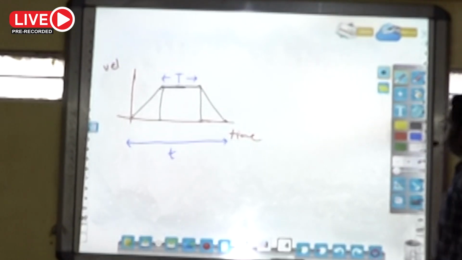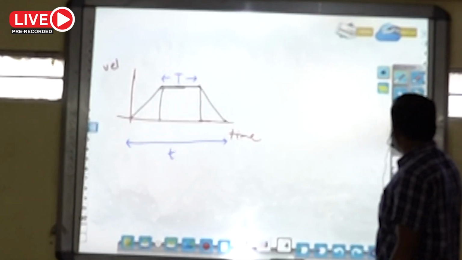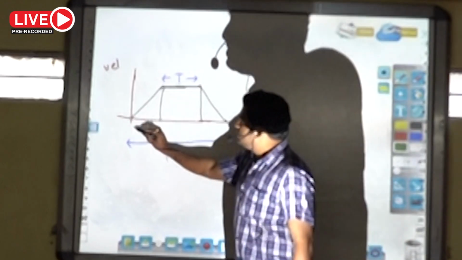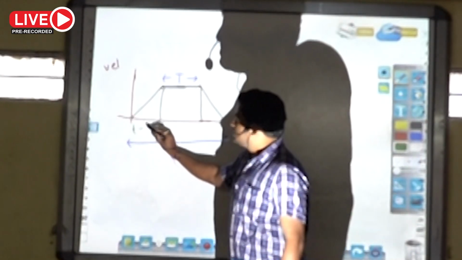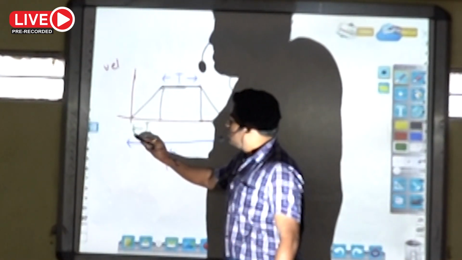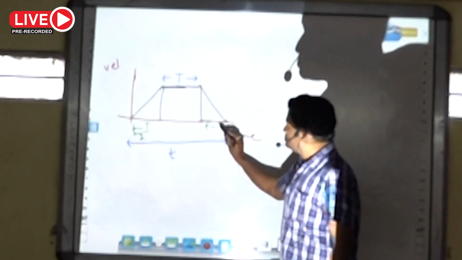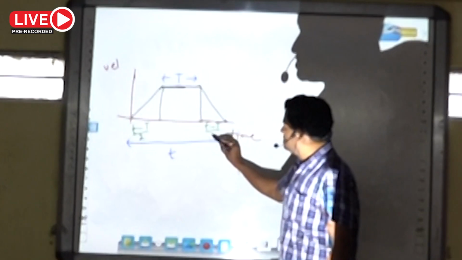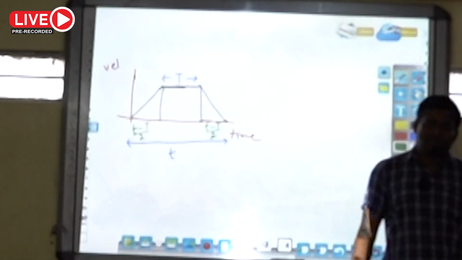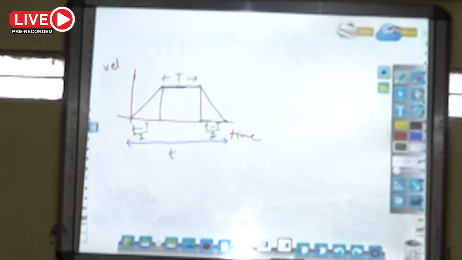So I can consider that the time taken for the accelerated portion is (small t minus capital T) divided by 2. For this one, it is also (small t minus capital T) divided by 2. So I write the time for the 3 parts individually. First one, (small t minus capital T) by 2, then capital T, then (small t minus capital T) by 2 again.